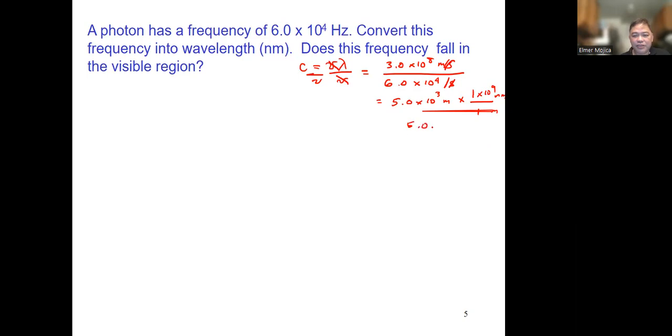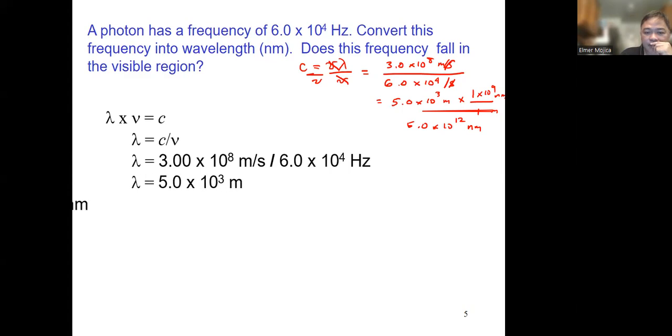So that's 5.0 times 10 to the 12. So it's way beyond the visible region, because the visible region is 400 to 700 nanometer.